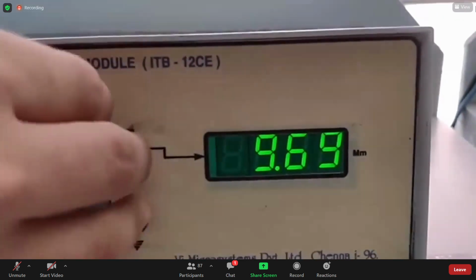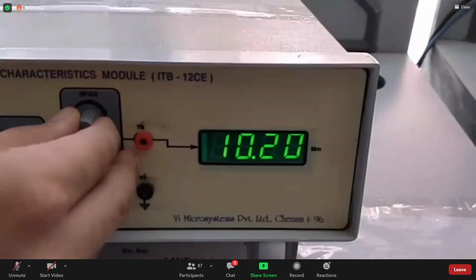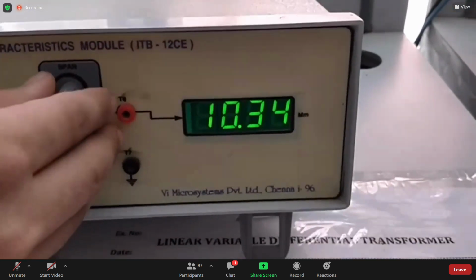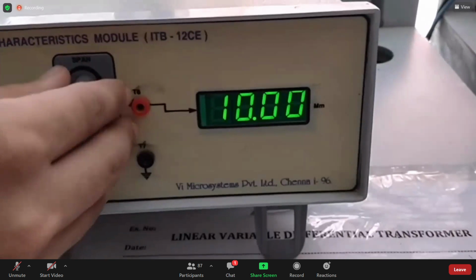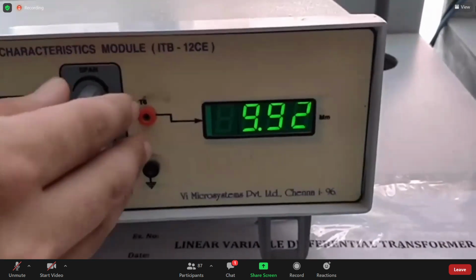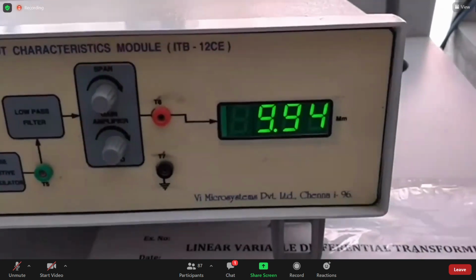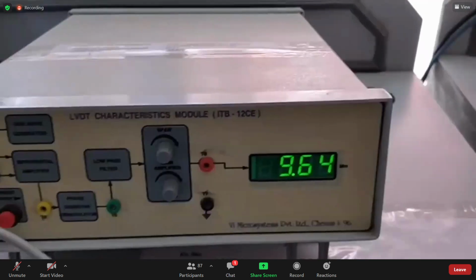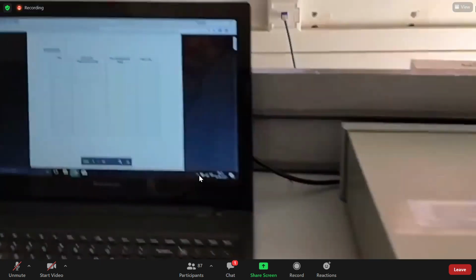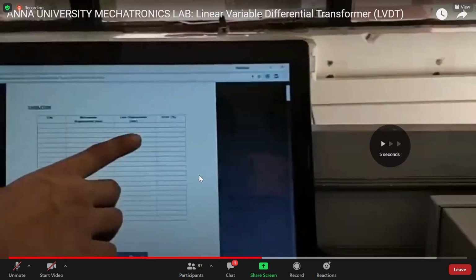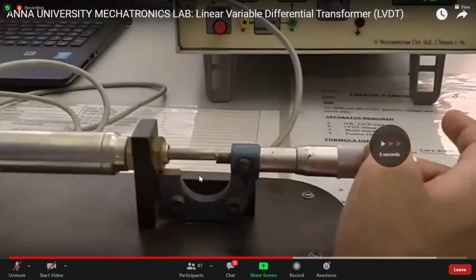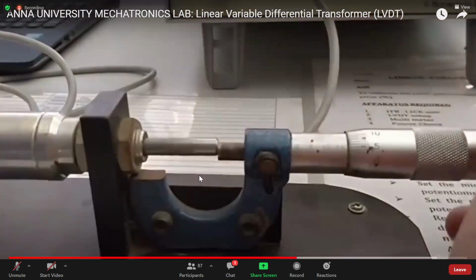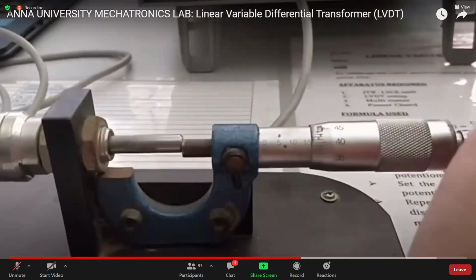Its span is written over here. I guess it will fluctuate, but approximately get it to 10. And this is a tabular column over here. Remember, moving in the opposite direction, when we kept it on 10, the reading should be 0.